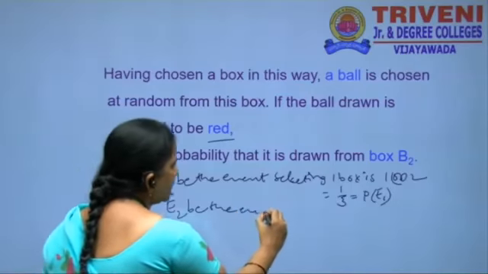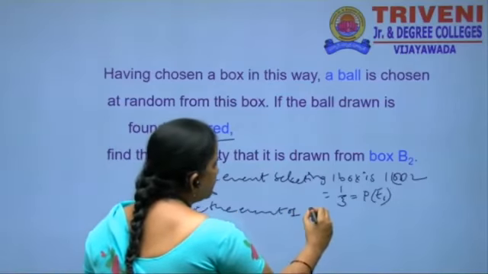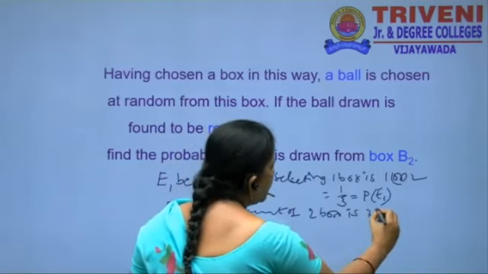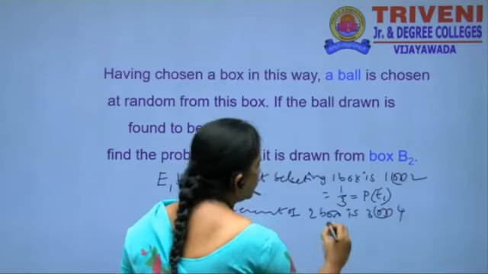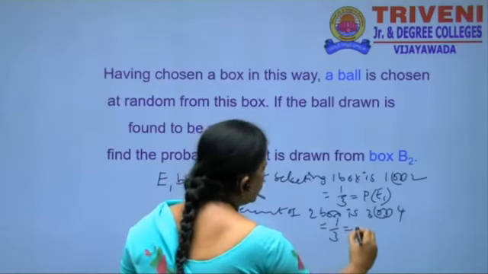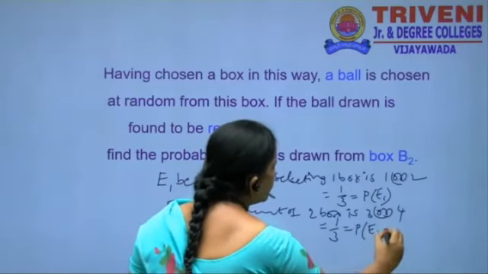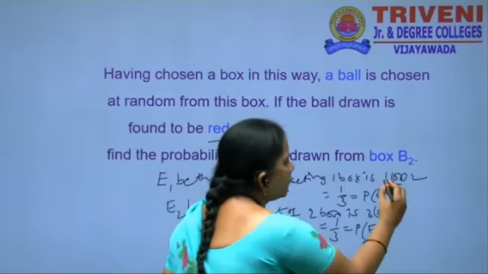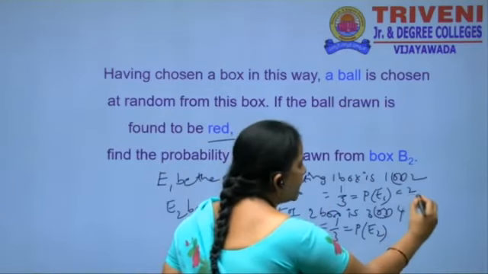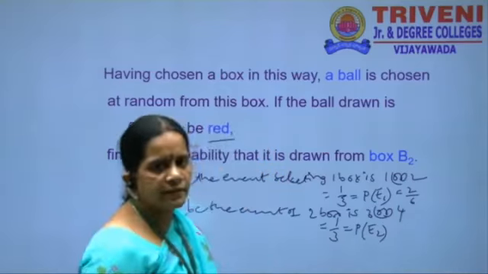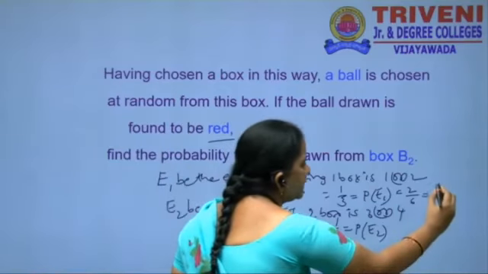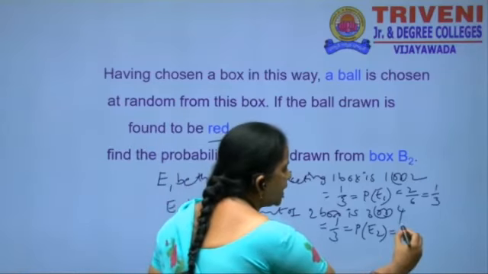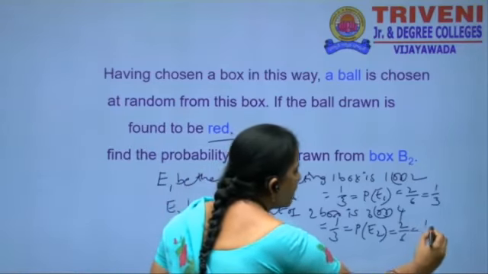E2 be the event of selecting the second box, that is, 3 or 4 turns up. That is 1 by 3. This is also P(E2). How do we get 1 by 3? The favorable chances are 2 and the die has 6 faces, that's why I am taking 2 by 6. It will cancel to 1 by 3. Similarly, here also 2 by 6, 1 by 3.